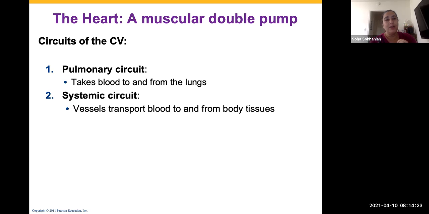Systemic circulation: the word systemic talks about the systems of your body, like your digestive system, your urinary system, your nervous system, etc. This circuit takes the blood from your heart, sends it to all the systems of your body, all of your tissues and cells, and then returns it back toward the heart again. So for both circuits, pulmonary and systemic, we start with the heart, go somewhere, and then return that blood back toward the heart.